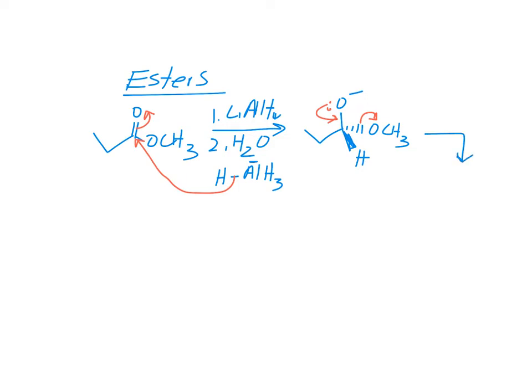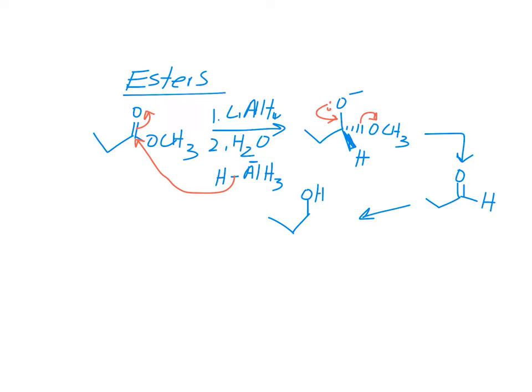And what kind of a functional group do we get? An aldehyde again. And just like last time, what happens to the aldehyde? It goes to a primary alcohol.